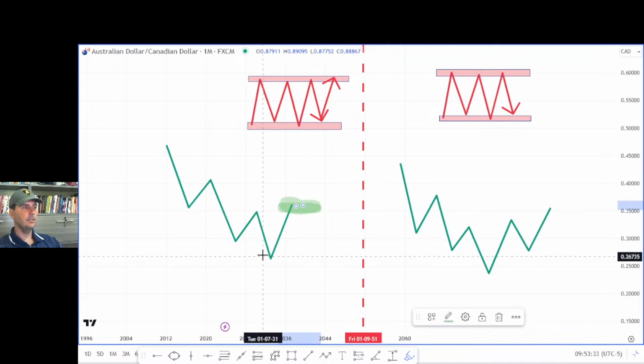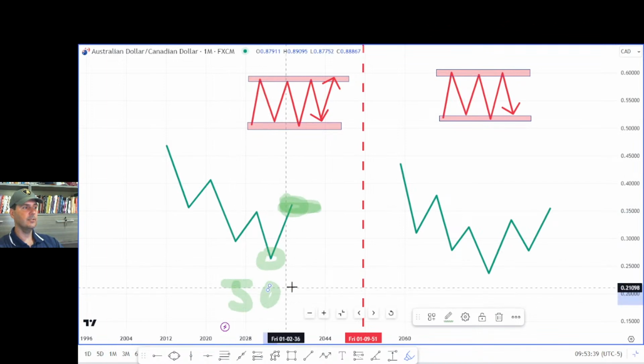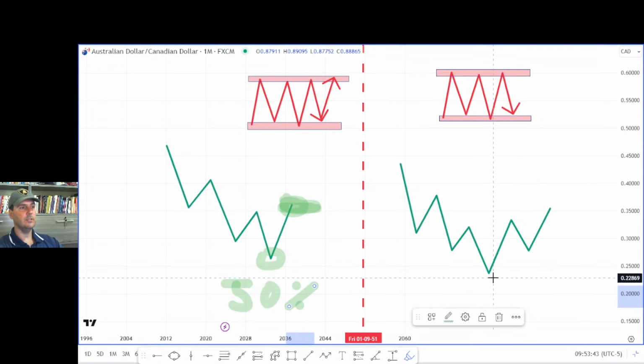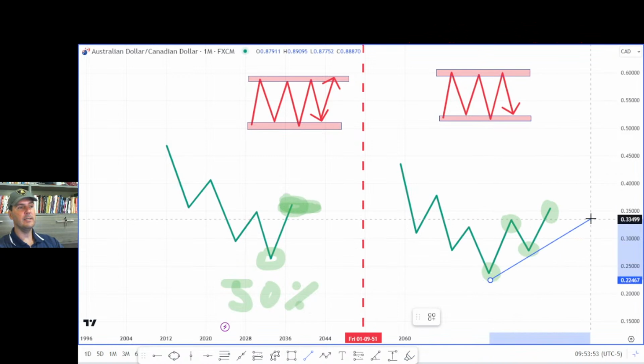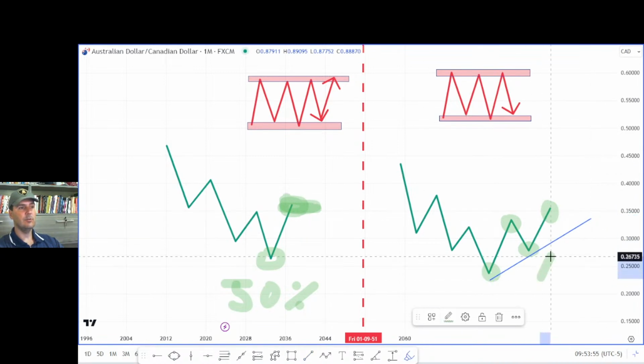Here you have one low and you have one high. You are entering a 50% uptrend. Here, same story. You have a low, a higher high, a higher low, and a higher high, to the point that you can draw an uptrend line, and here you are buying a 100% uptrend.